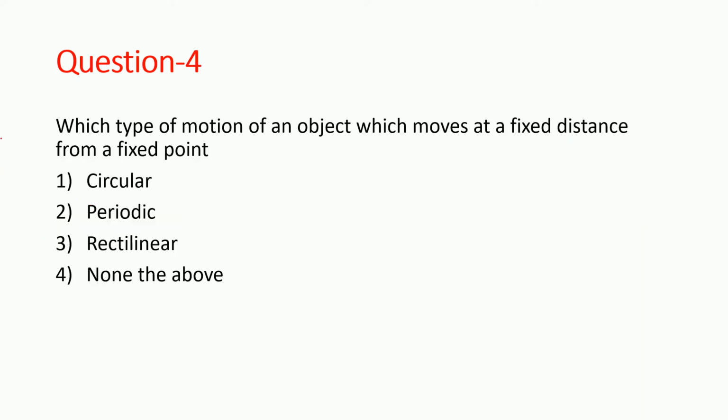Next question, which type of motion is that of an object which moves at a fixed distance from a fixed point? As I said earlier, if we take the example of this pendulum, when we take it to this side and release it, these are some positions where the pendulum will move. So at a fixed distance from one fixed point, this is the fixed point, this is known as periodic motion.